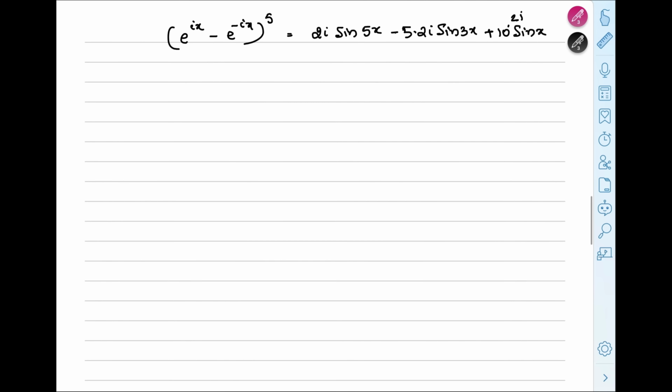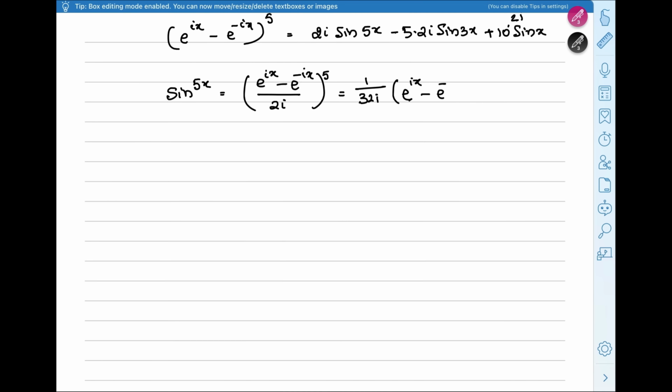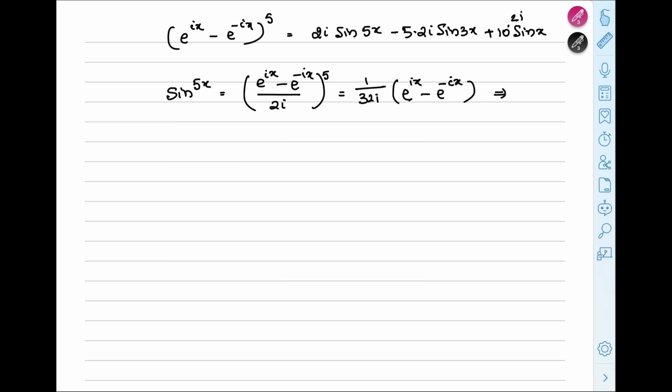Now, what is the value of sin to the power of 5 x? That is equal to (e to the power of ix minus e to the power of minus ix) whole divided by 2i to the power of 5, that is equal to 1 by 32i into (e to the power of ix minus e to the power of minus ix) to the power of 5, which implies we will replace the above value.